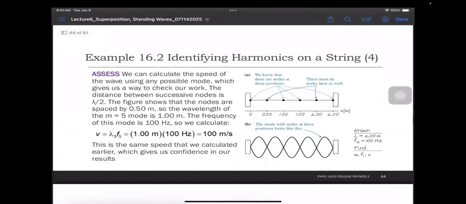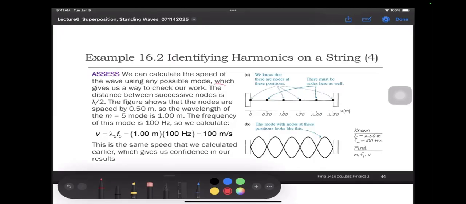Okay, and then let's assess this example. We can calculate the speed of the wave using any possible mode, which gives us a way to check our work. The distance between successive nodes is lambda divided by 2. The figure shows that the nodes are spaced 0.5 meters apart, so the wavelength of the m equals 5 mode is 1 meter. Yes, because this is half, am I right?